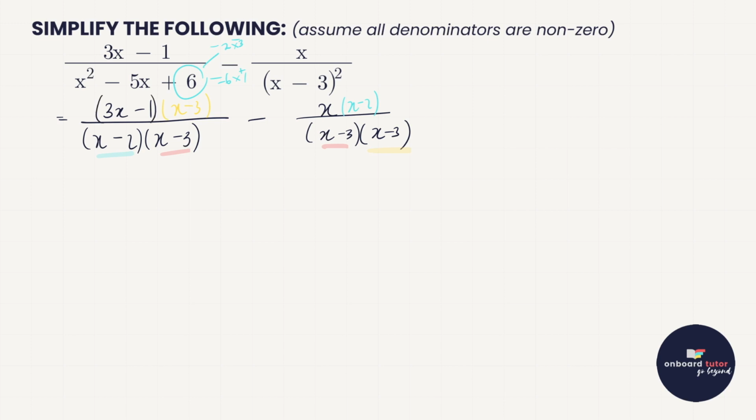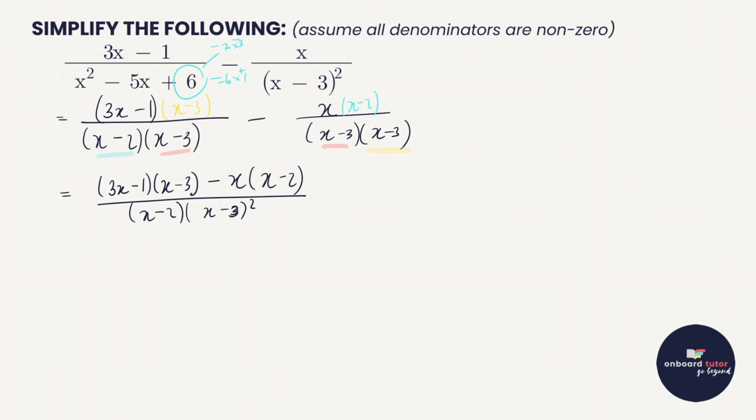Okay, and now we are ready to solve this big fraction. Our common denominator, x minus 2, x minus 3 squared, and you can leave it like that. Our numerator is going to be 3x minus 1 multiplied by x minus 3 minus x multiplied by x minus 2.